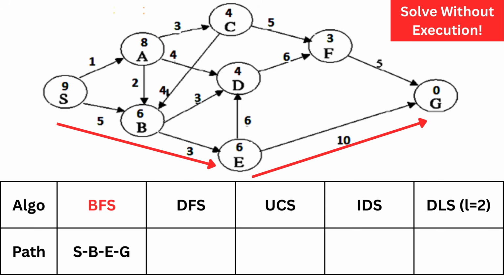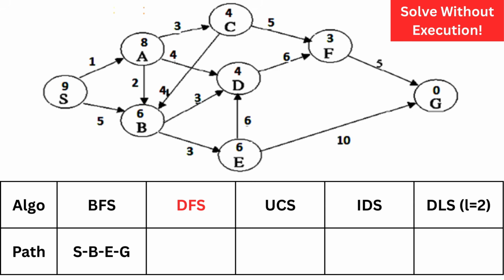And all the other paths have more than 3 connections. So the breadth first search algorithm will bring S, B, E, G. By using the property of BFS algorithm, we reach the path that the BFS algorithm will give us without executing this algorithm.